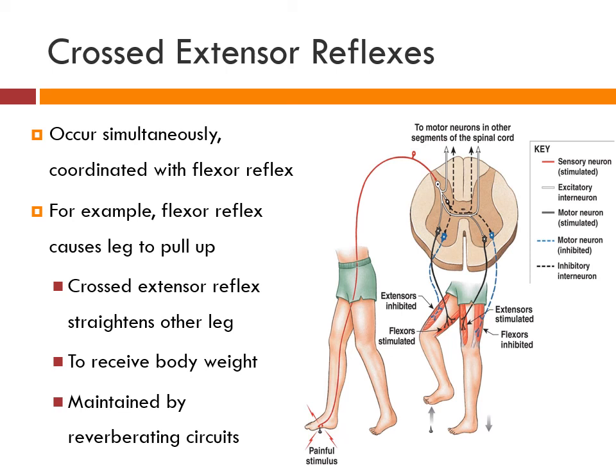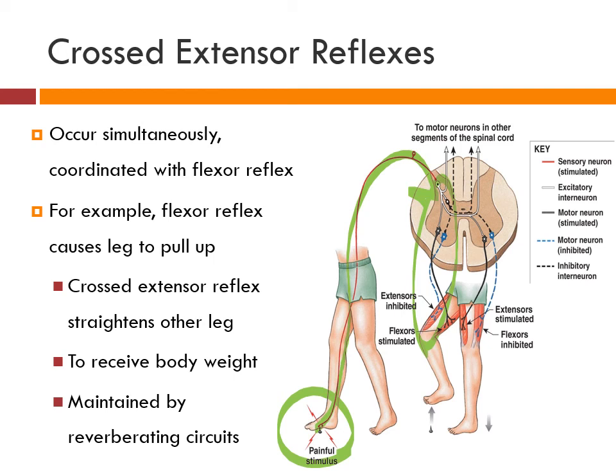So this one is showing us stepping on a tack. When you step on a tack, it is going to stimulate your sensory neuron, and the sensory neuron is going to come and synapse on an interneuron in the spinal cord. We've seen this before with grabbing onto a hot stove, so the flexor reflex is going to occur on the right side of the body because you stepped on the tack with the right foot.